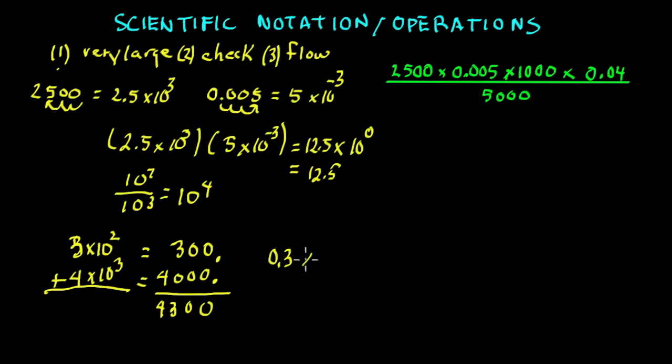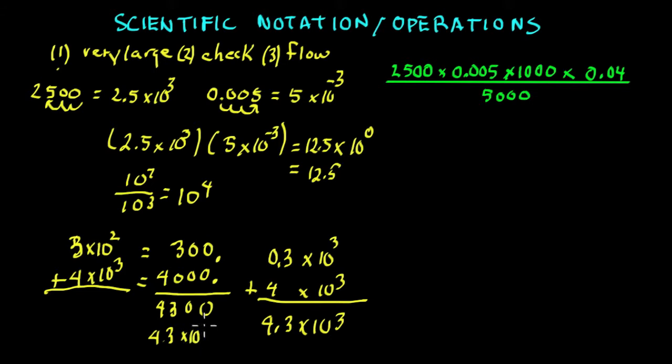And this then, to not change the value, becomes a factor of 10 larger, 10 to the 3. And then this still stays 4 times 10 to the 3. Now when you add these, you have 4.3 times 10 to the 3, which is what this number is over here. 4,300 is 4.3 times 10 to the 3.